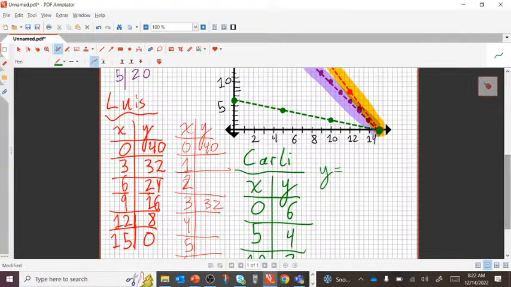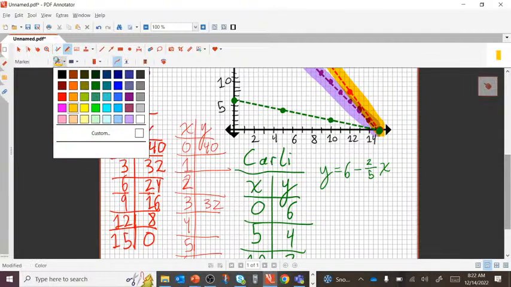Should I do 5 divided by 2 or 2 divided by 5? So that would be 5 hours divided by 2 ounces. That would be 2.5 hours per ounce, so we got to flip that. So we're going to do 6 ounces minus 2/5 times the number of hours. And that's this line right here.